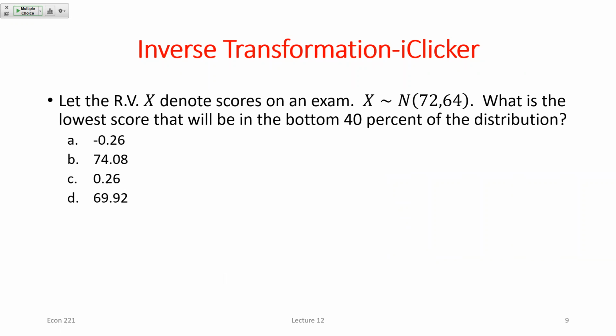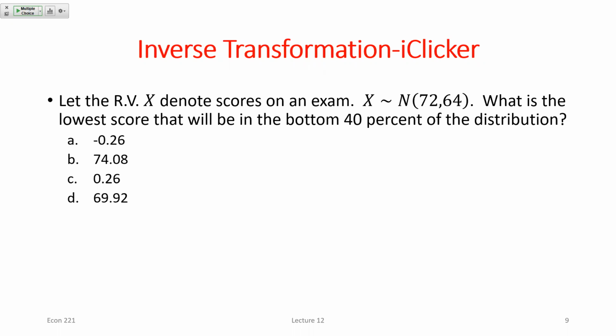I don't know why I want this, but it presents something that we might run into that we should be aware of. I've got the same setup, right? My mean's the same, standard deviation the same. I want the value that's going to be the cutoff for the bottom 40%.